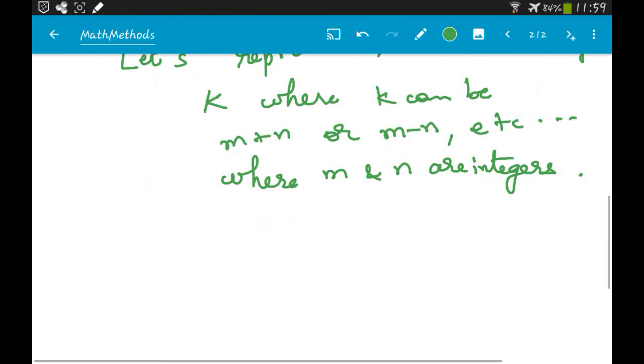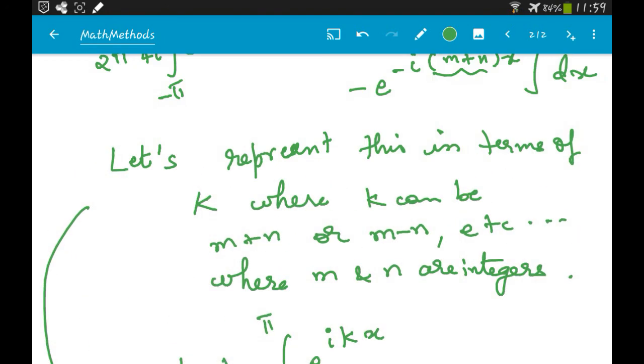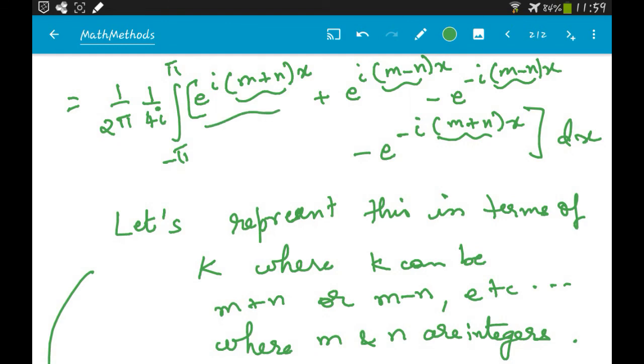Alright, so this integral gets reduced to 1 by 2 pi into 1 by 4i times the integral from minus pi to pi of e power i k x. So each individual term here is of the form e power i k x, with k some integer.